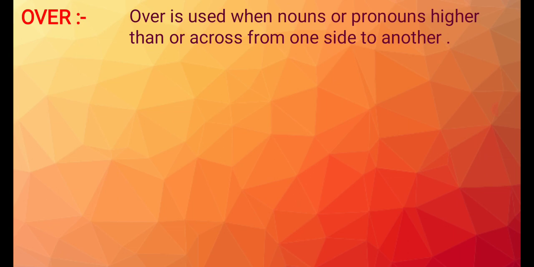But over is when the noun or pronoun is higher than. It means that it is not touched by the other object, but it is a little bit higher. At that time we use over. So let's see the example.